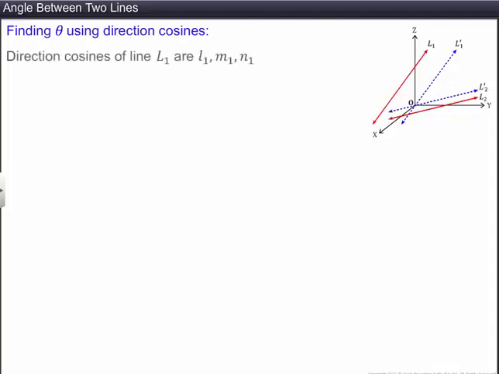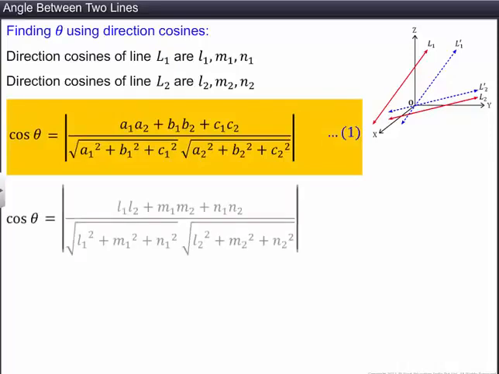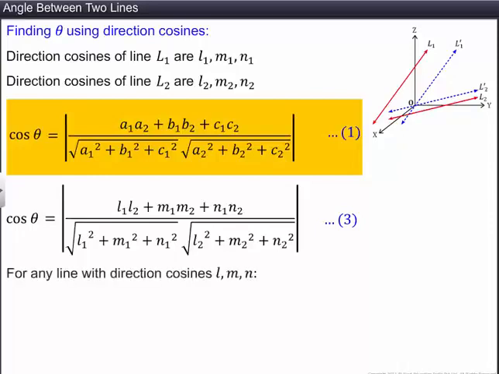If l1, m1, n1 and l2, m2, n2 are the direction cosines of lines L1 and L2 respectively, then from equation 1, cos theta can be written as shown. Let this be equation 3. We know that the sum of the squares of the direction cosines of any line is always equal to 1. Thus, the terms in the denominator of the right-hand side in equation 3 are reduced to 1.